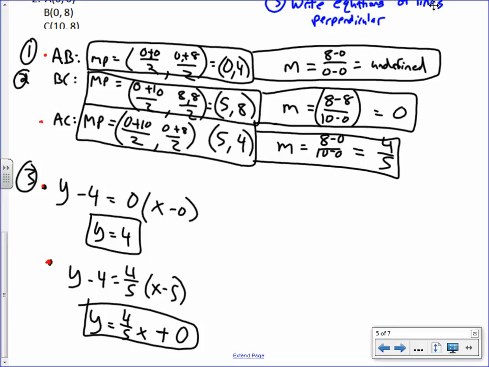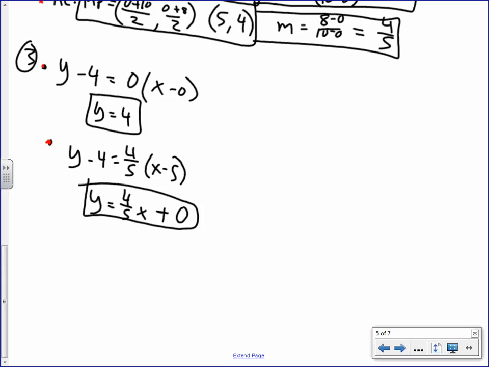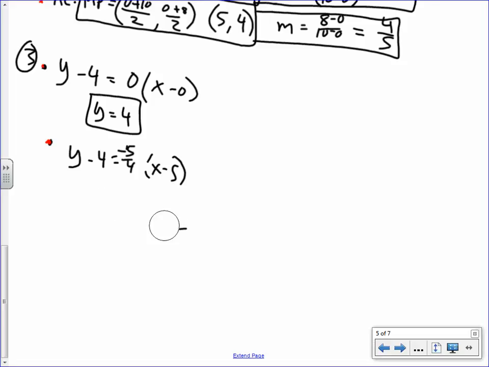For AC, I used the point 5, 4, and I plugged in the slope of, oh, I did it wrong. You gotta plug in the perpendicular slope, remember? So for this one, it'd actually be negative 5 over 4. That throws everything off then. So if you do negative 5 over 4, then we'd have y equals negative 5 over 4x, and that would be negative 25 over 4.